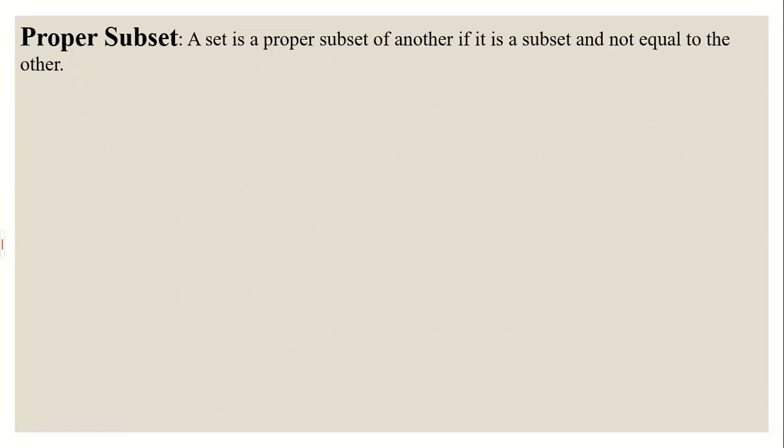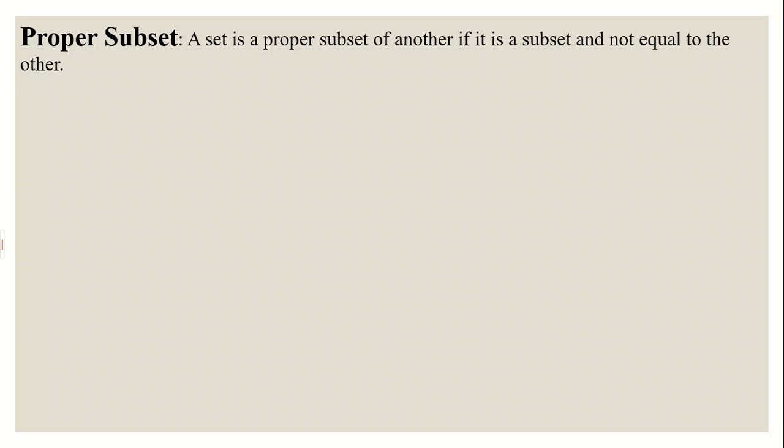What do we mean by this? It means, in the example where A and B are two sets, A contains 1 to 10 and B contains just 2 and 3, B is a proper subset of A. You understand?